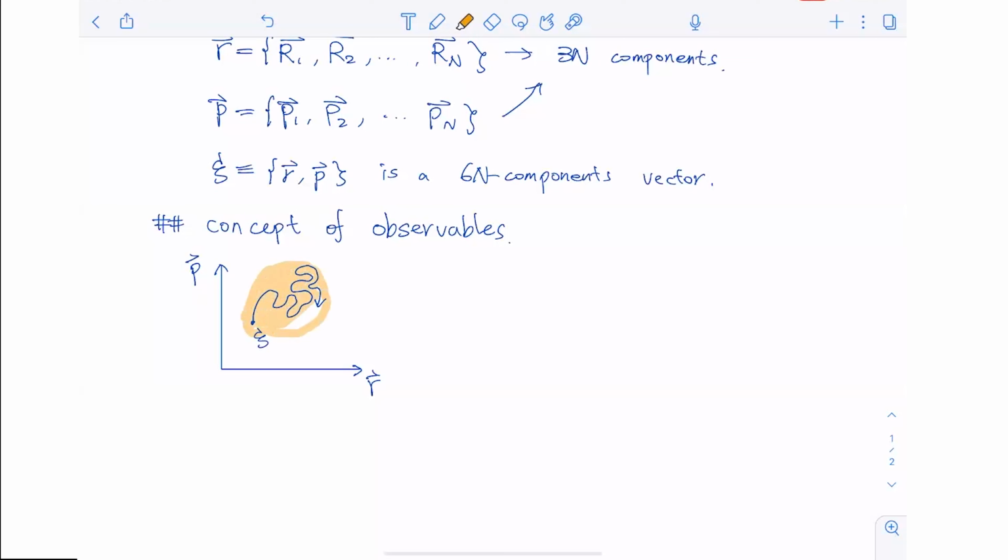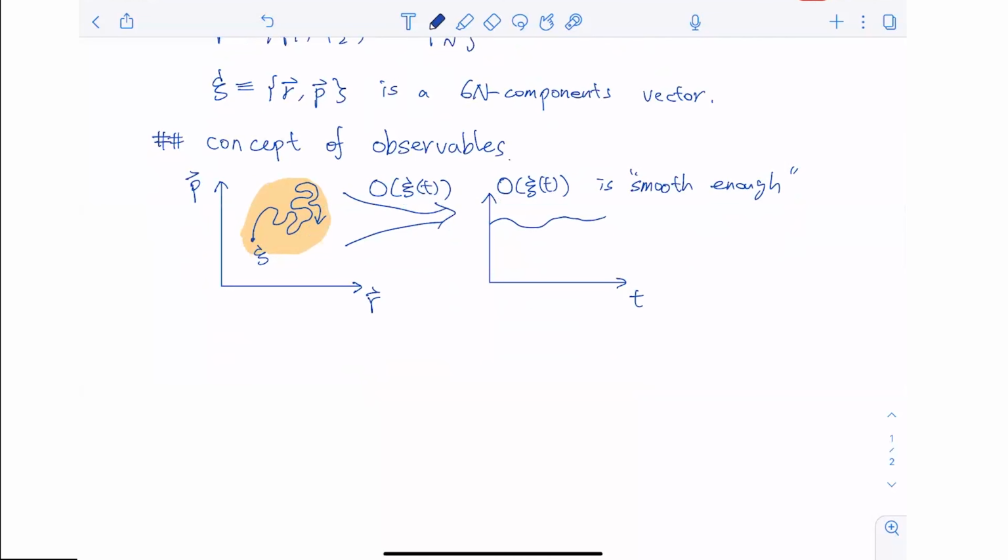So suppose that as our system evolves as a function of time, there is a function O, whose argument is the state of our system, that maps this trajectory to a relatively smooth value. Then we say this O is an observable.